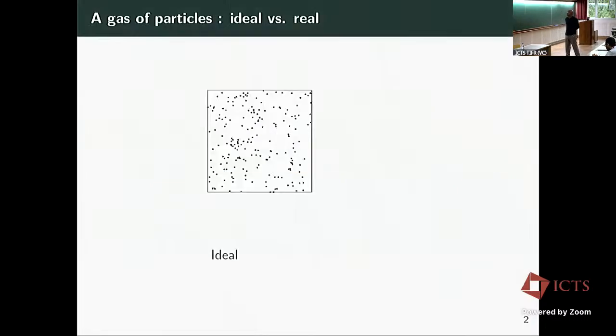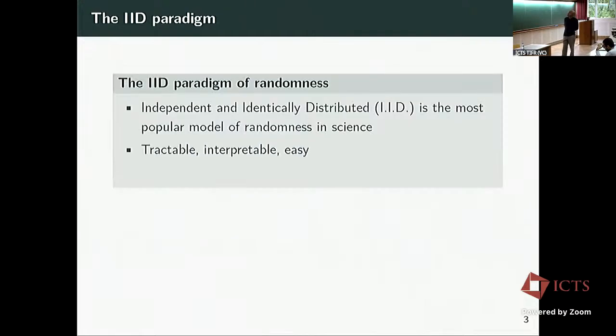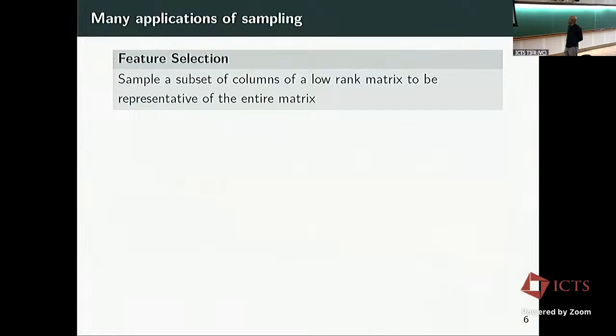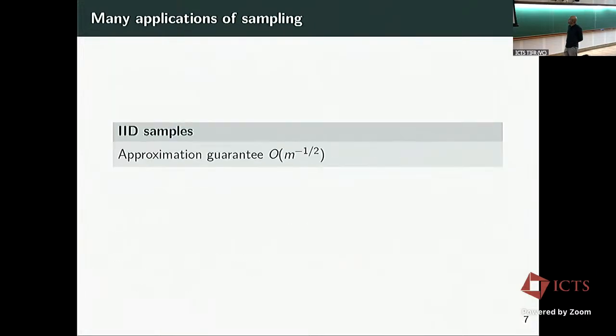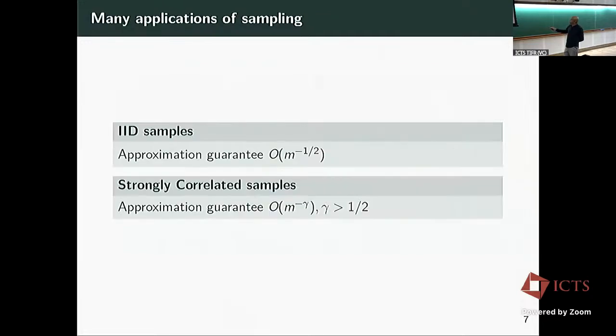Just to give you a reminder, we are talking about strongly correlated particle systems to provide an alternative paradigm of generating samples, as opposed to the classical paradigm of IID sampling. We looked at various possible applications, and then at the kind of improvements that we can hope for.